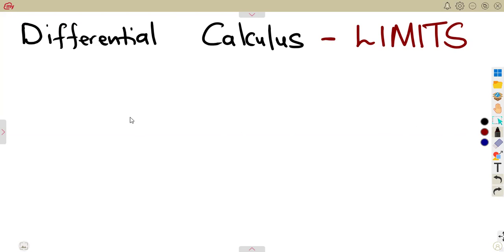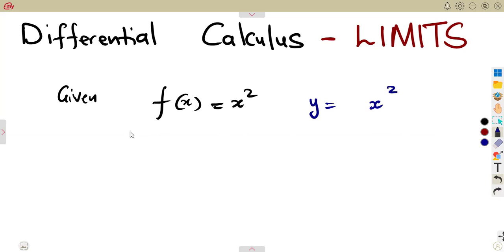You are given a certain function. Let's say we are given a certain function f of x, which is equal to, let's just say, x squared. So you'll be given a certain consideration where this function can be represented in terms of y is equal to x squared.